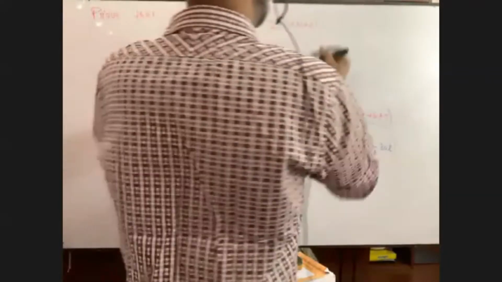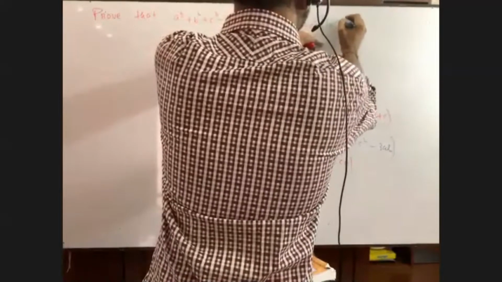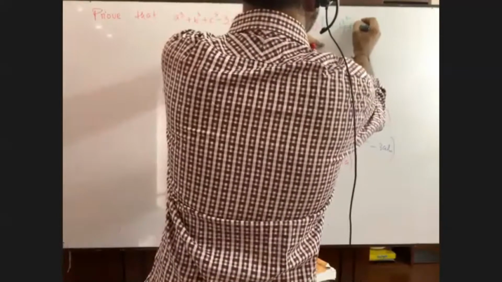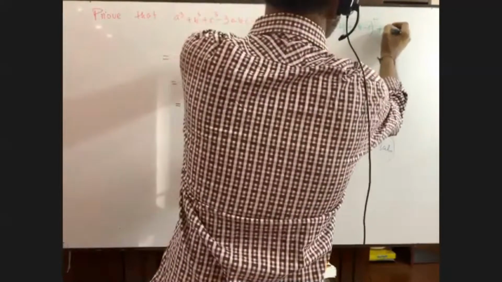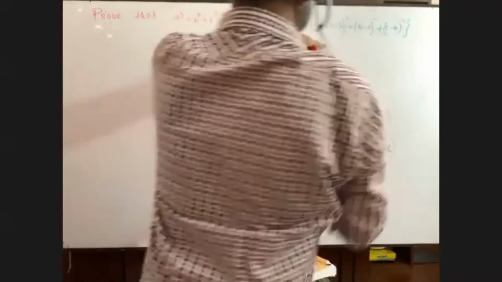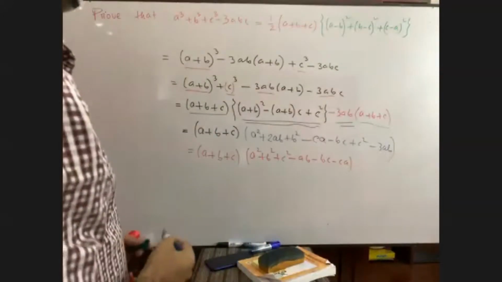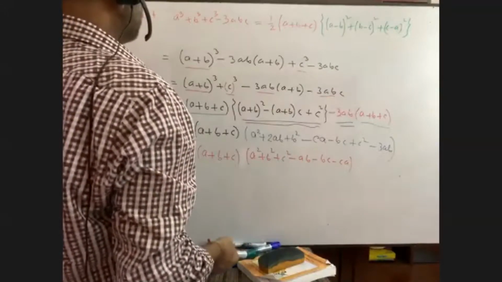Then second bracket a minus b whole square, b minus c whole square, and c minus a whole square. The most important math to be given in the examination.